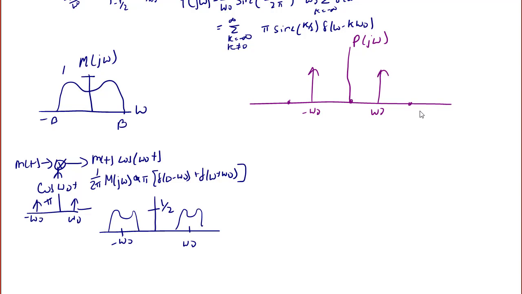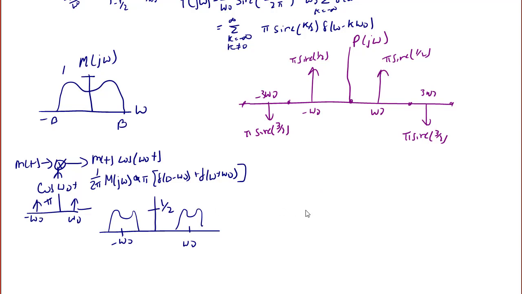So 2 omega naught and negative 2 omega naught would be 0, but we're going to have pulses at negative 3 omega naught and positive 3 omega naught. 4 omega naught would be a 0, but then we'd have a pulse at every other frequency. And so this one has an amplitude of pi sinc 1/2, pi sinc 1/2. 3 omega naught has an amplitude of pi sinc 3/2. Negative 3 omega naught has an amplitude of pi sinc 3/2 as well.